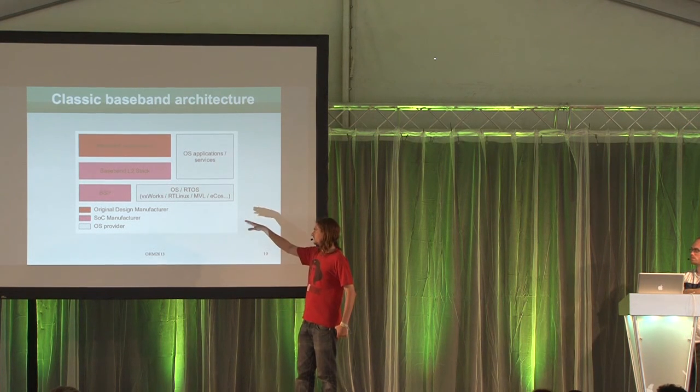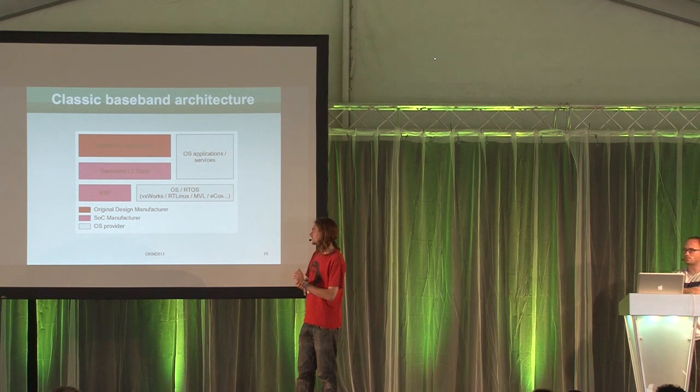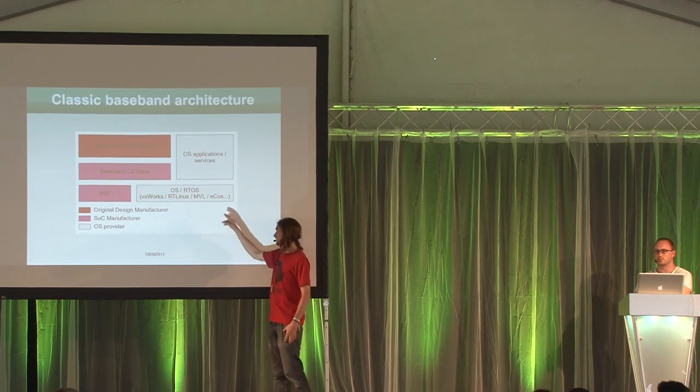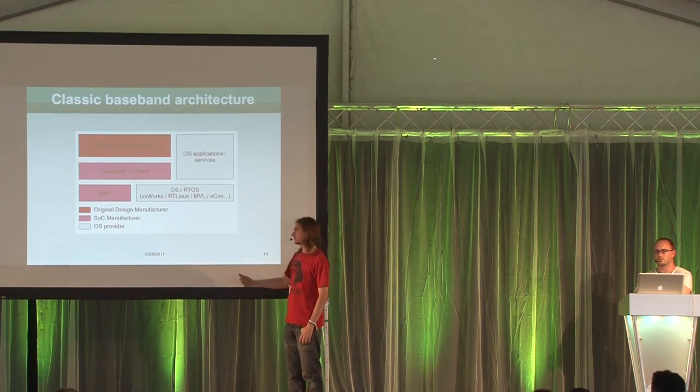For baseband, you will generally find VxWorks. It had 75% of market share 5 years ago. Now it's more and more Linux instead of VxWorks. You can have RT Linux, MontaVista Linux, eCos, Nucleus, QNX, a lot of real-time operating systems that have a small footprint.